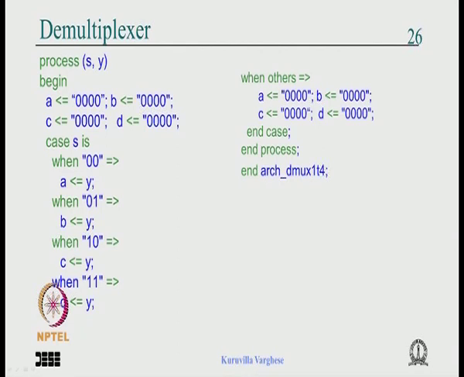Many times it is dangerous to assume something about delta cycles and write all kinds of code and expect that it will happen. This is a clear case where it works, but in a complex case, if you assume some delta cycle initialization, things can go wrong. So you have to be very careful with coding for synthesis tools, because it is perfectly okay for simulation, but for synthesis you have to keep these things in mind.